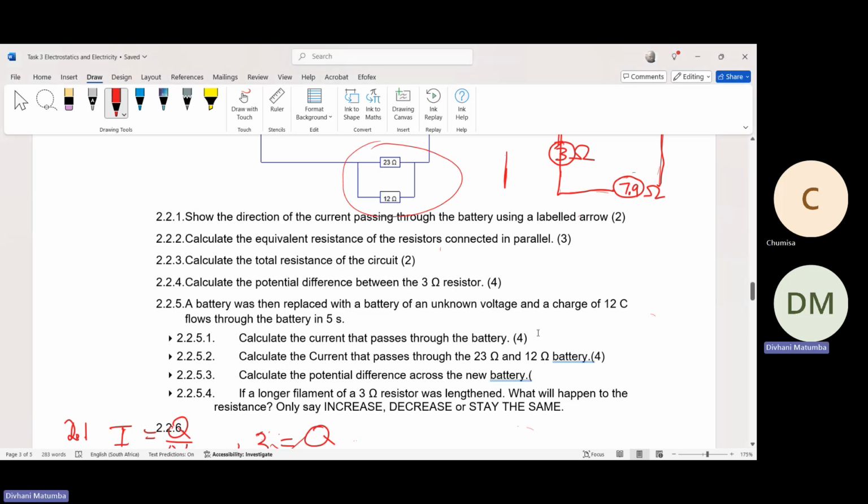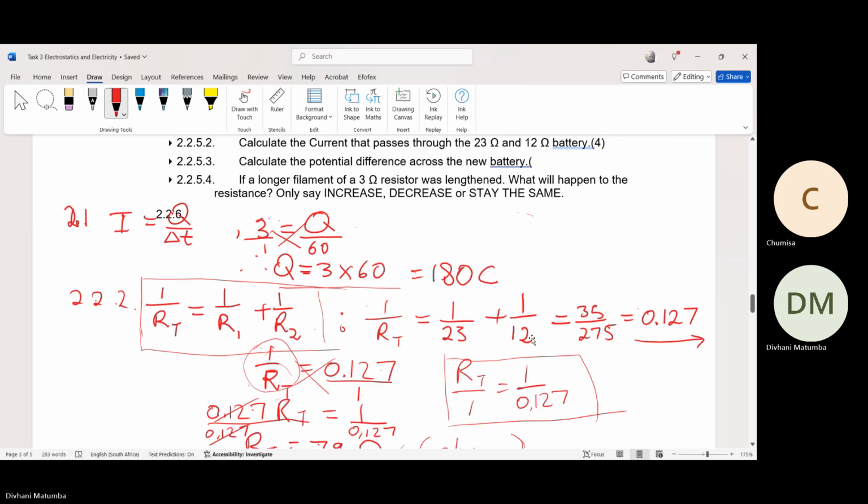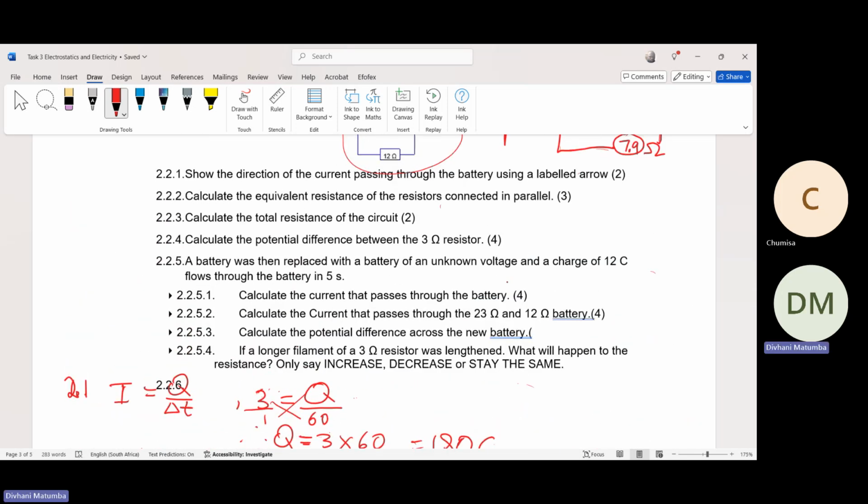What is the definition of current? The flow of charges inside a conductor over a specific time. Let's put it into a formula. Current equals what you just said can be put into a formula.